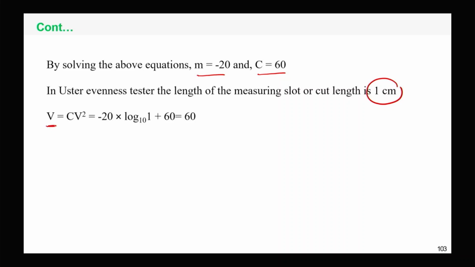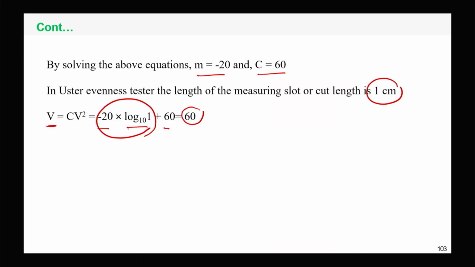So variance will be minus 20 M, and cut length is 1 centimeter, plus 60, C is 60. This first part will become 0, log 1 equal to 0. So variance will be 60.